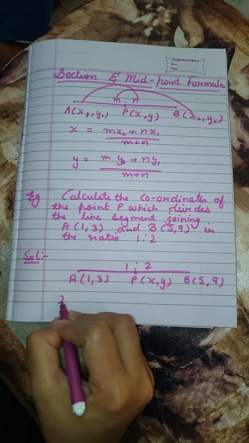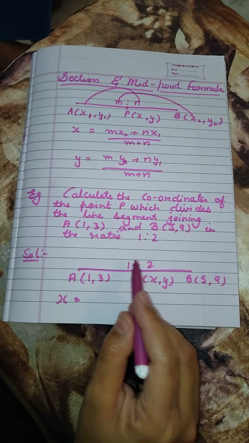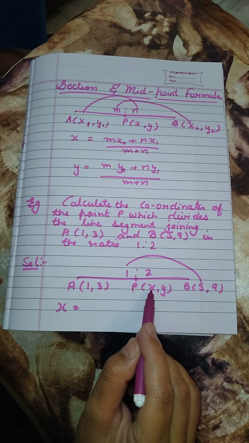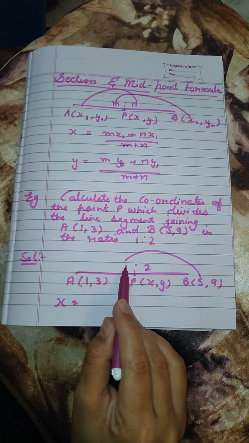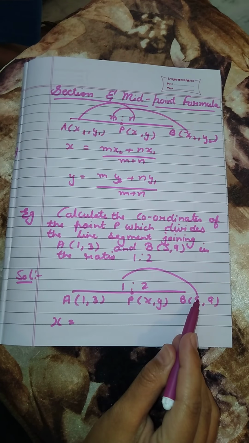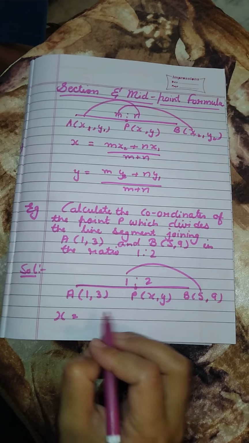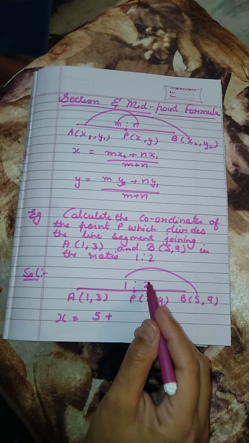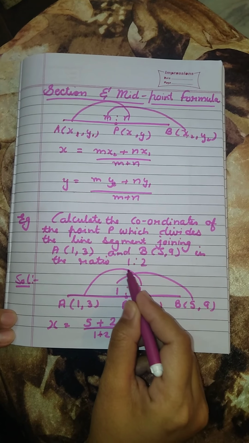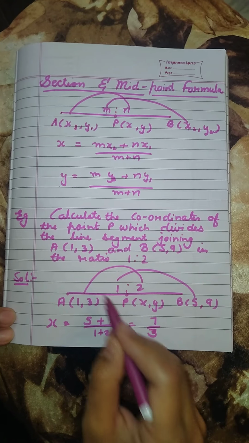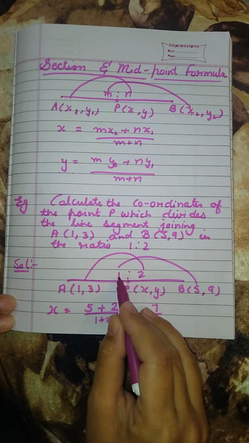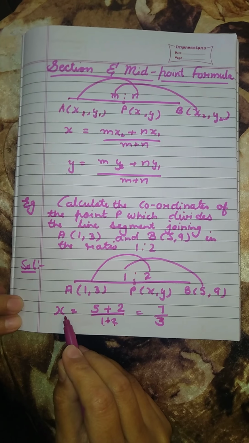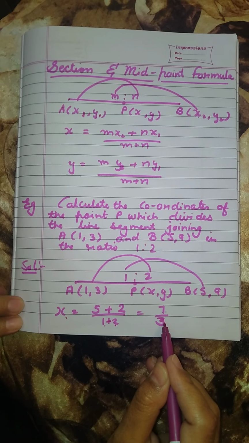So my x coordinate will be: when you find the x coordinate, multiply the left hand side ratio with the x coordinate. 1 into 5 is 5, plus 2 with 1, 2 ones are 2, over the sum of ratio 1 plus 2. So my x coordinate is 7 over 3.